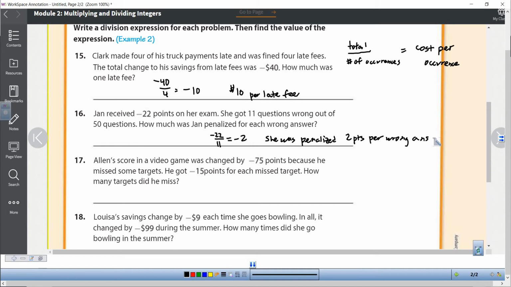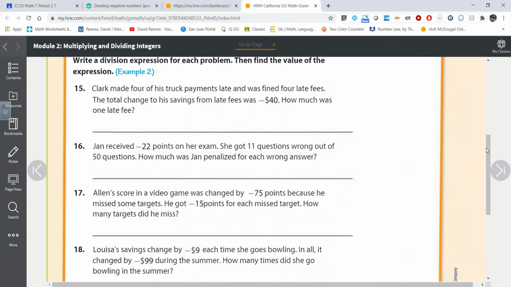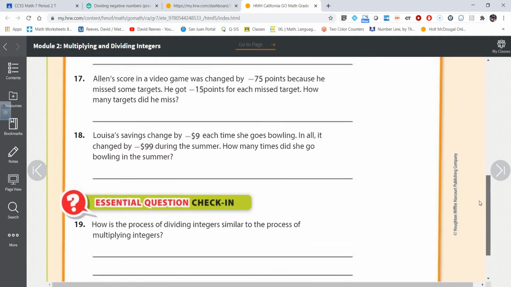Now I have to warn you, if you're doing this on the Personal Math Trainer, they might be looking for a negative answer. So if you're not sure if they want you to put it in as a negative or a positive, I want to encourage you to use that option of View Example and take a look. Do they want you to put in the answer as a negative or a positive? All right, let's go down.